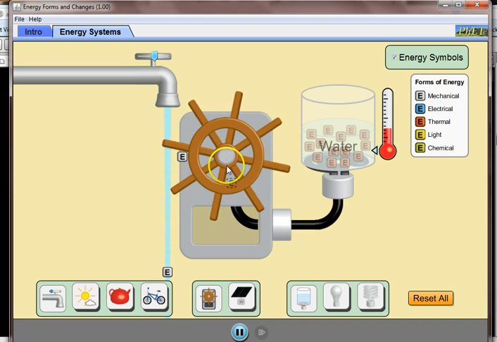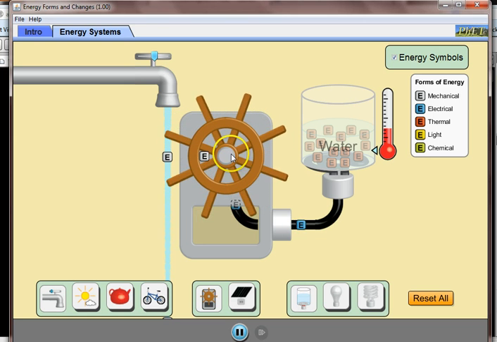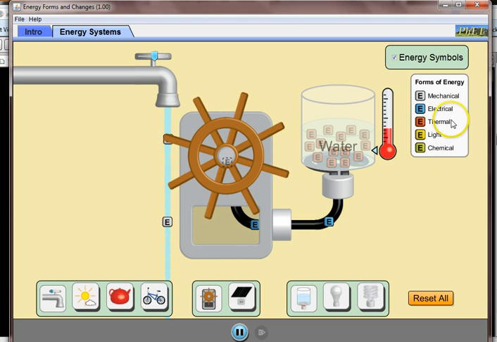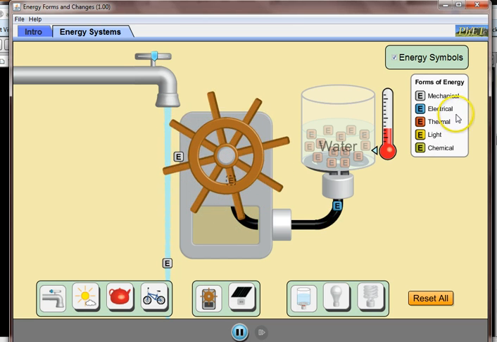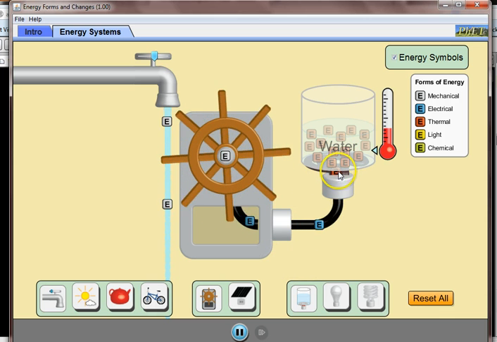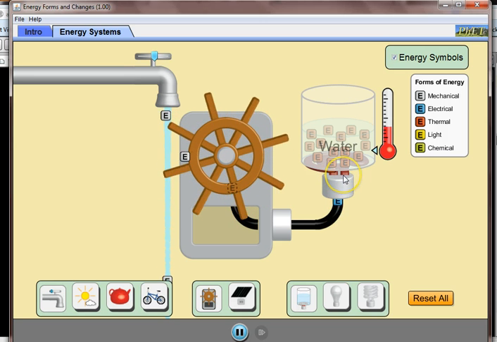It comes to the paddle wheel. There is an electrical generator which converts this mechanical energy into blue energy, which is electrical energy, correct? That electrical energy moves to the heater, and you can see that it gets converted into red right here below the beaker.